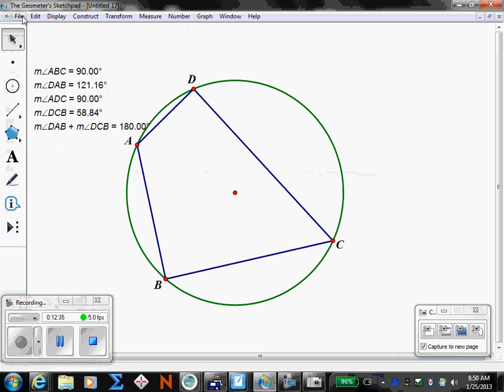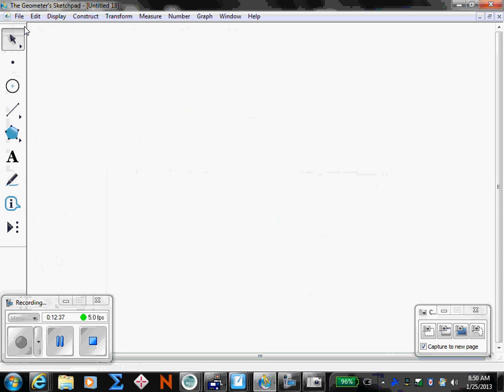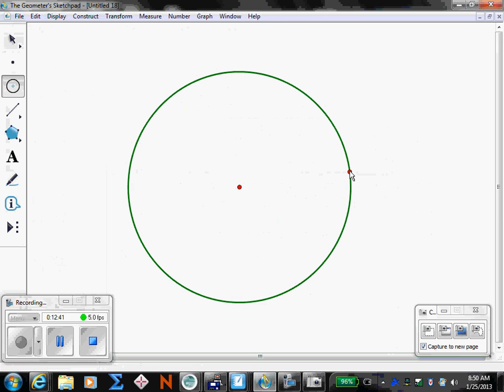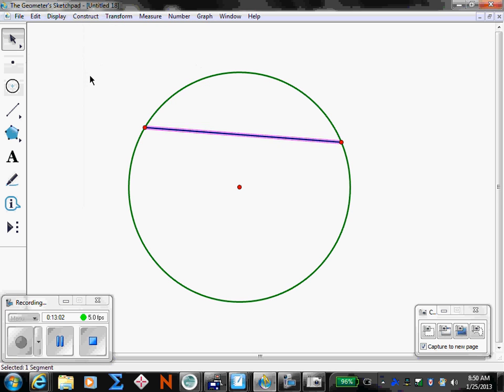So we want to start with a new sketch. We're going to start with a circle, and we are going to make parallel lines. Oops, don't need another circle there. So I am going to put another point here and go ahead and construct a line segment or a chord, as it's called in a circle.